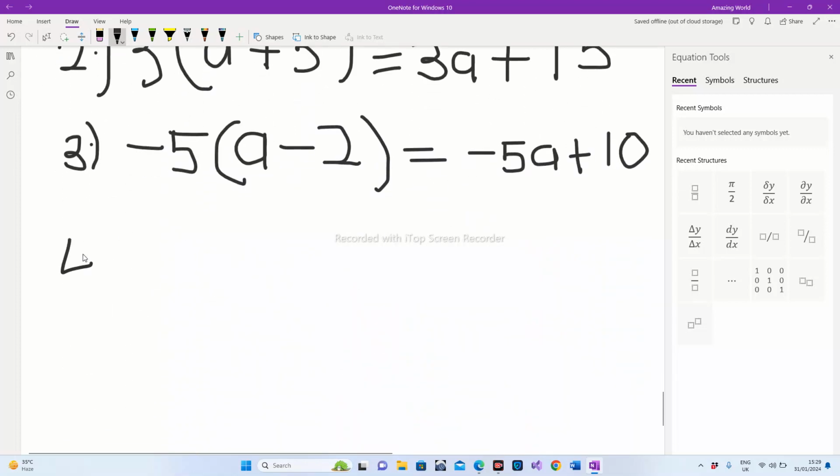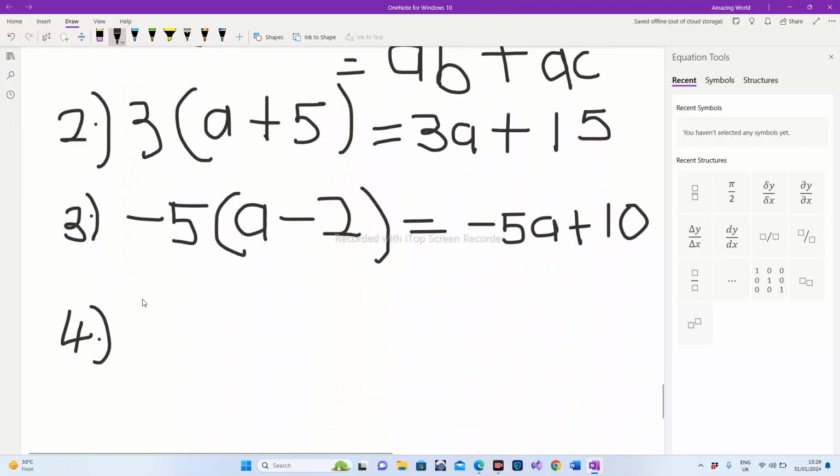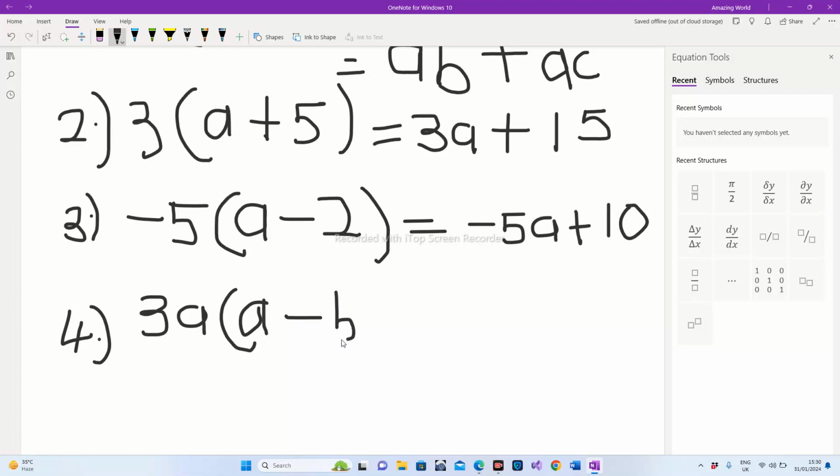So we will continue with the fourth exercise, and this gives us 3a brackets a minus b. Okay, I hope you're following.